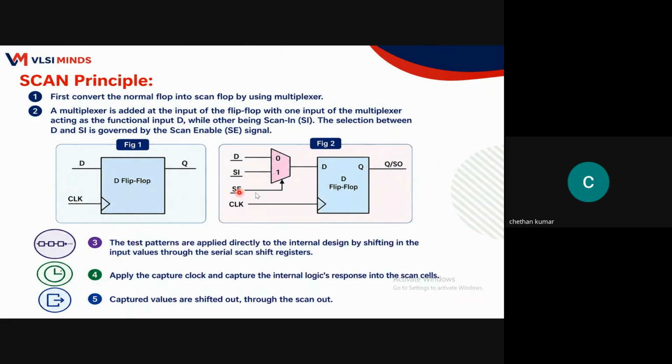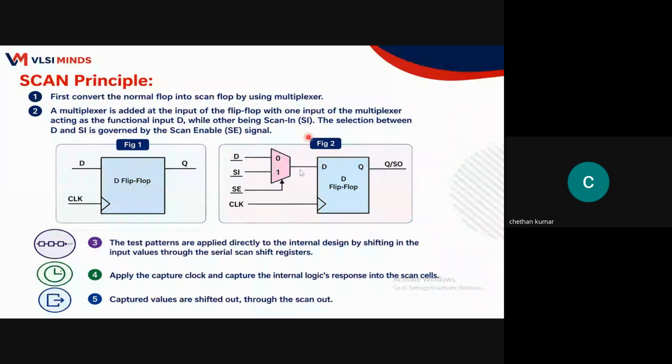For example, if SE is equal to 0, as we know the 2x1 mux operation, if the select line is equal to 0, D0 will get connected to the output Q, and similarly D1 will connect to Q when SE is equal to 1.